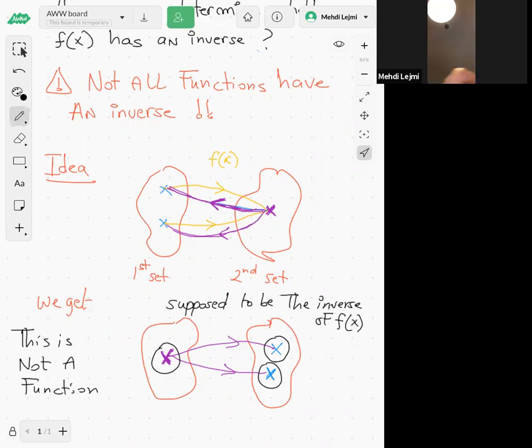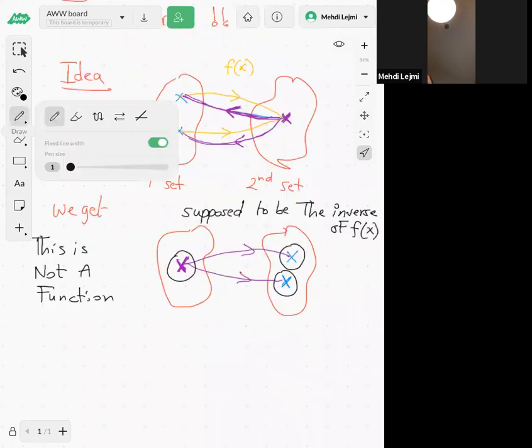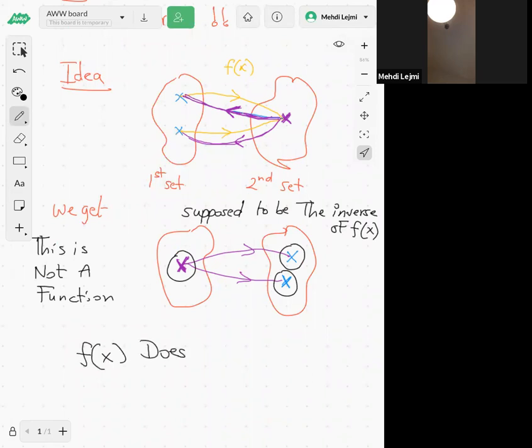So f of x doesn't have an inverse, because when I reverse the arrows, the new correspondence I have here is not a function, because our input has two possible outputs. So f of x doesn't have an inverse.